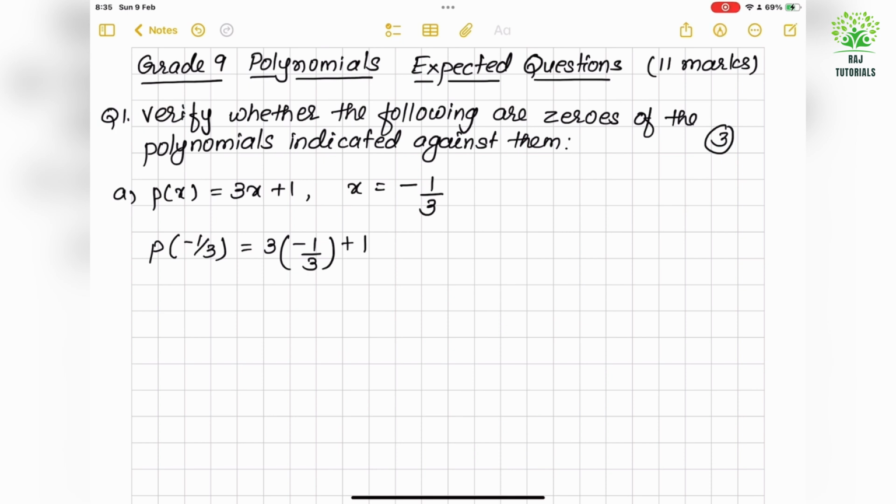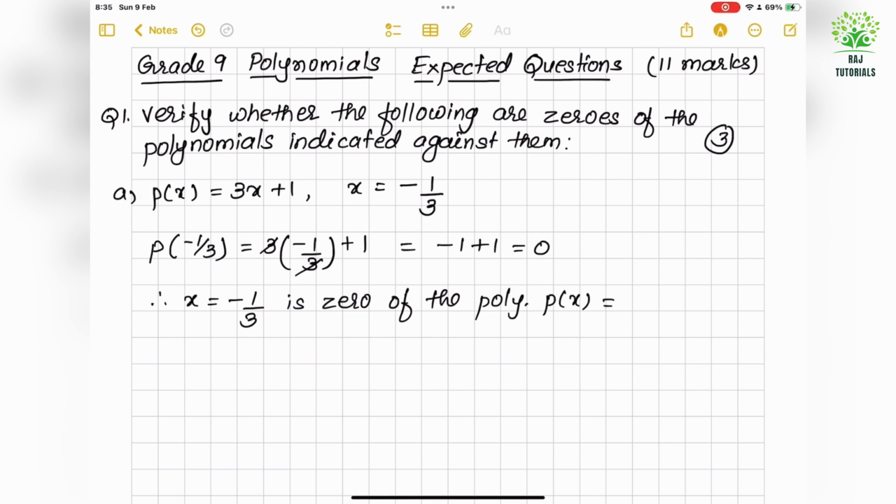So this will be minus 1 plus 1, so 0. Therefore, x equal to minus 1 by 3 is a zero of the polynomial p of x equal to 3x plus 1.